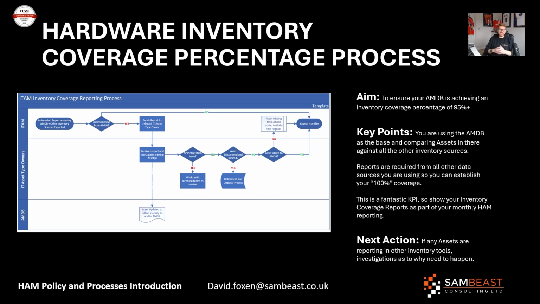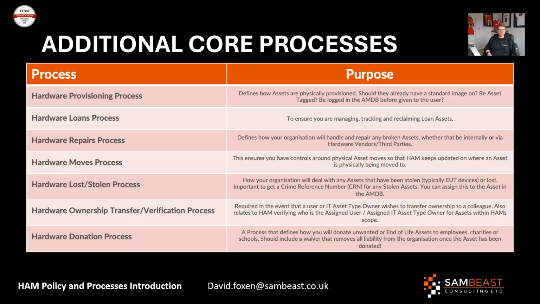Your next action from this is if there's anything that is not reported in other inventory tools, investigate as to why and make it happen that it comes into the AIMDB.